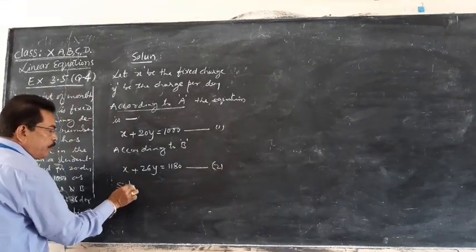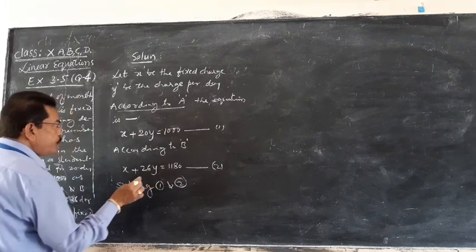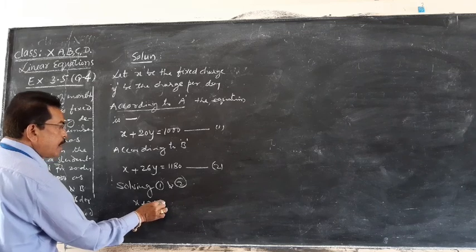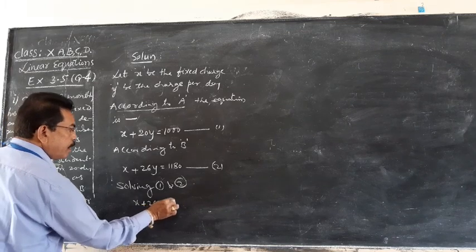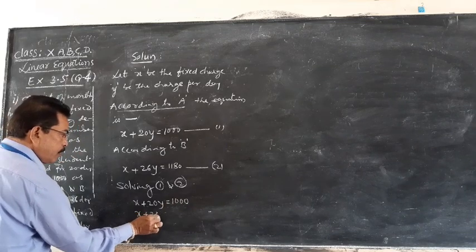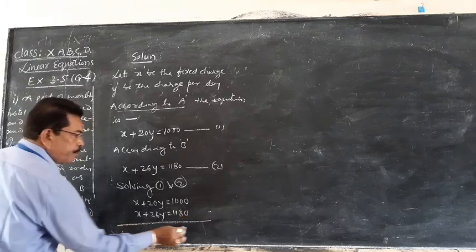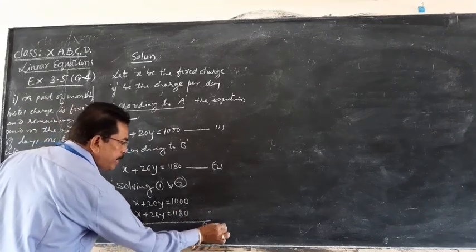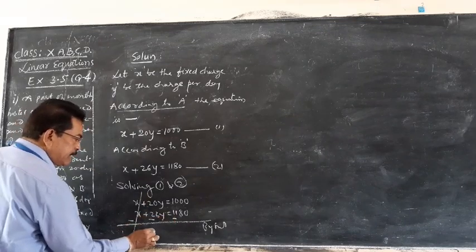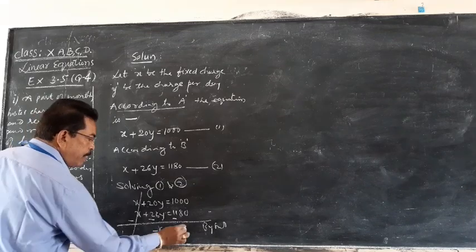Solving 1 and 2, by subtracting, x minus x cancels, minus 6y equals to minus 180.